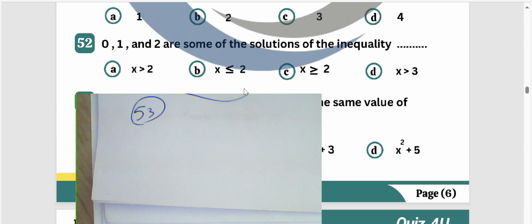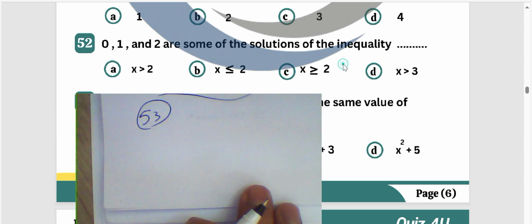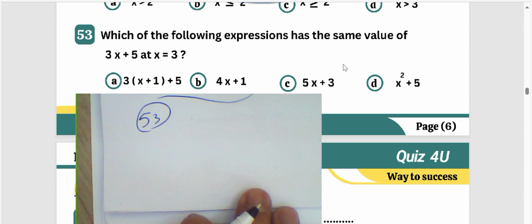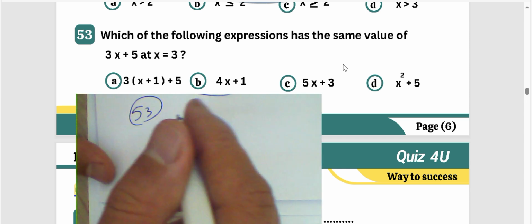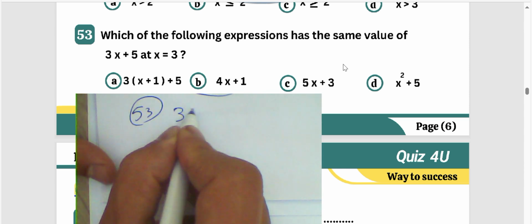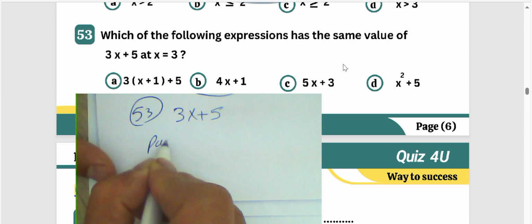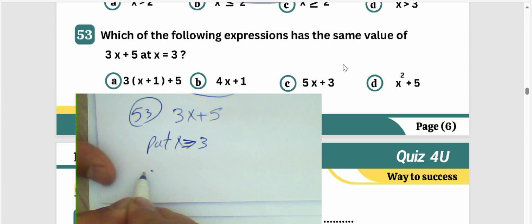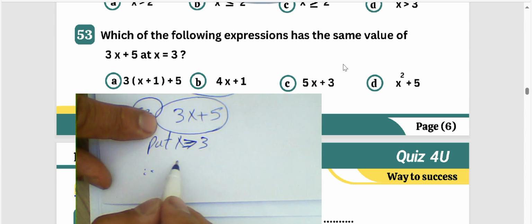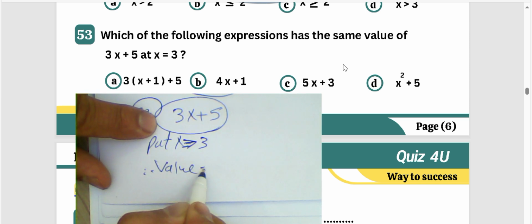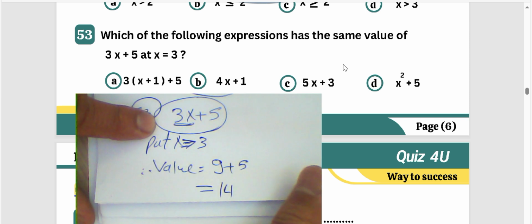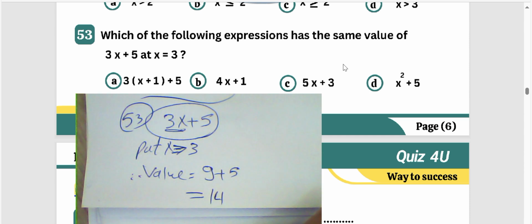Question 53. Which of the following expressions has the same value as 3x plus 5 at x equals 3? We can write 3x plus 5. Put the value of x equal to 3, then the value of the expression will be 3 times 3, which is 9, and 9 plus 5 is 14.